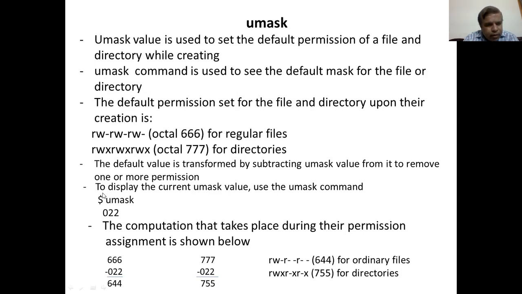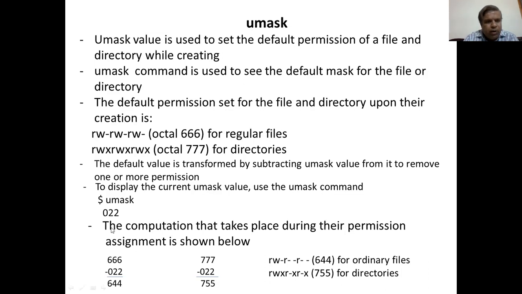So here is the point. To display the current umask value, use the umask command. I will go to the prompt and just type umask. Okay, so observe the output. The umask value is 022. So what is the actual default permission set for file and directory?